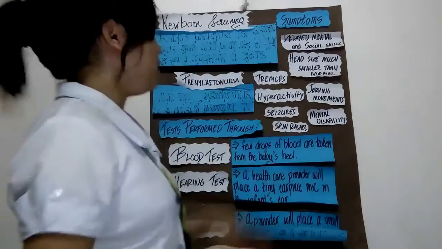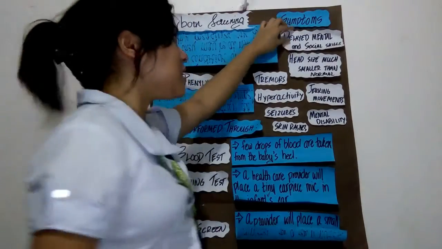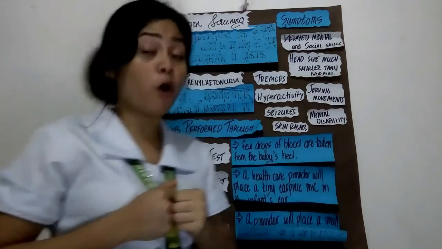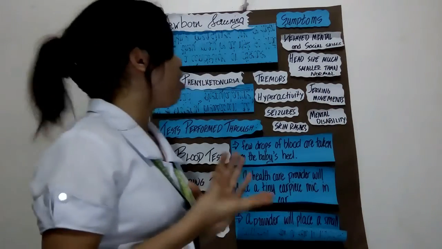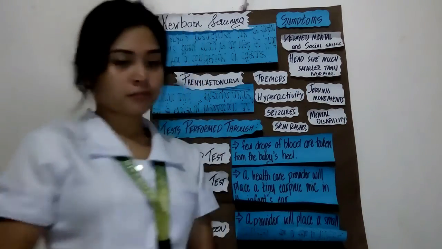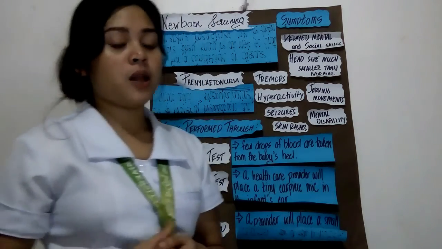Other symptoms may include delays in mental and social skills, a head size much smaller than normal, hyperactivity, seizures, skin rashes, tremors, and even jerking movements of the arms and legs.